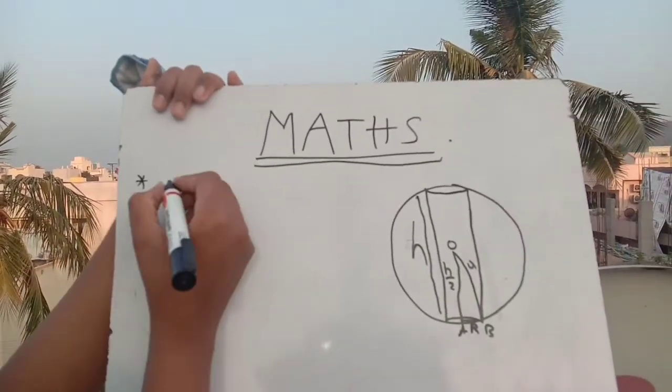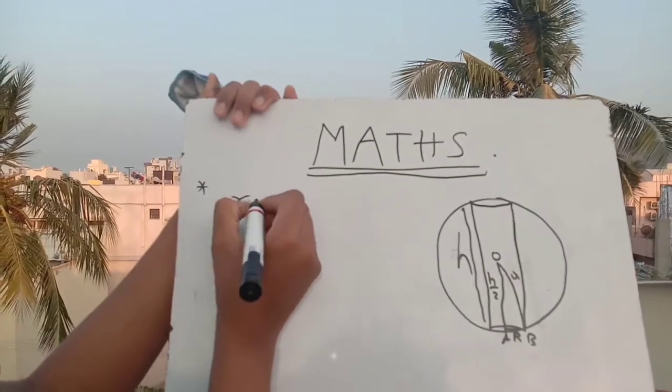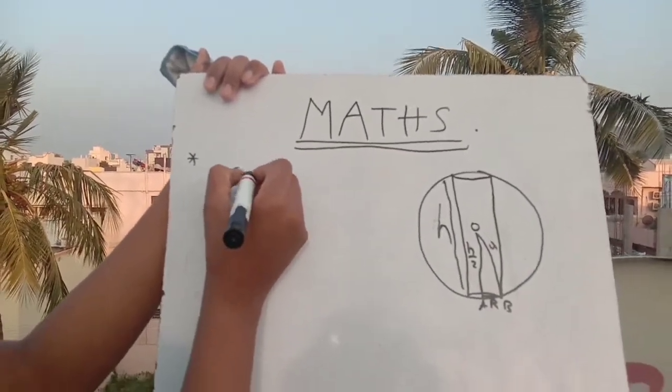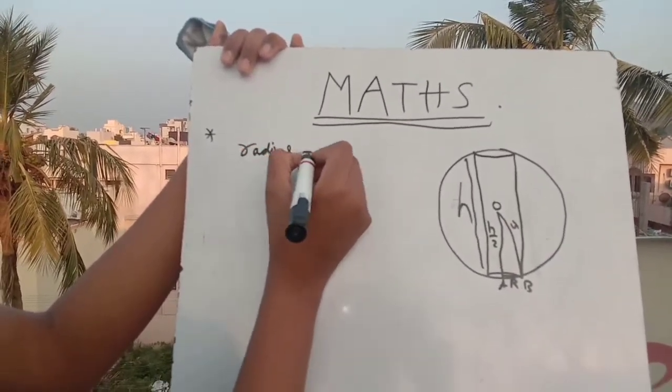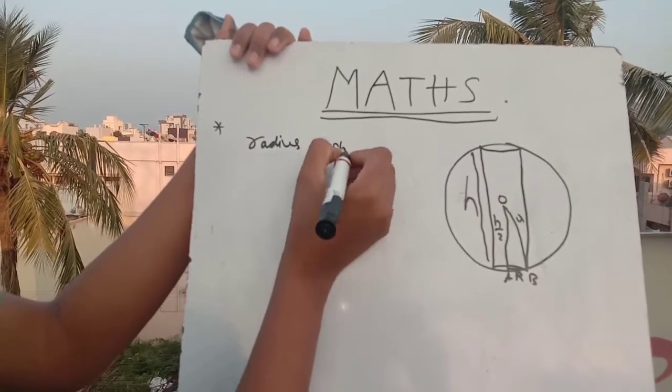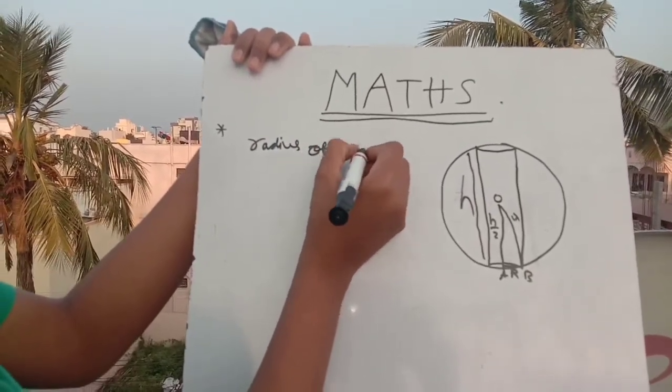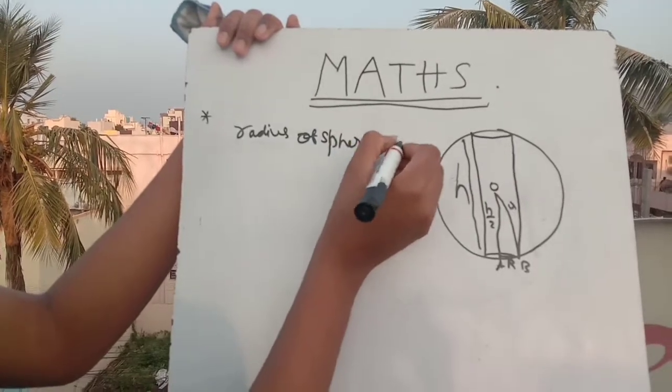Here the radius of the sphere is small r.